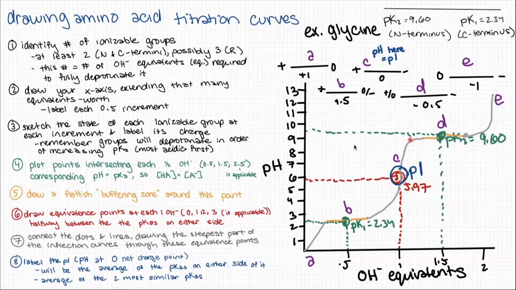But then that second group, that amino terminus, is going to start deprotonating. And that's going to give you a new conjugate acid corresponding to that N-terminus. Now you have acid again to neutralize the base, so you're going to get another buffering zone. But now that's going to get depleted, and you're going to get this sharp rise in the pH yet again. You have no buffering capacity, and you have no other groups to deprotonate.